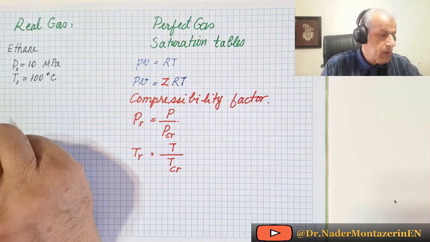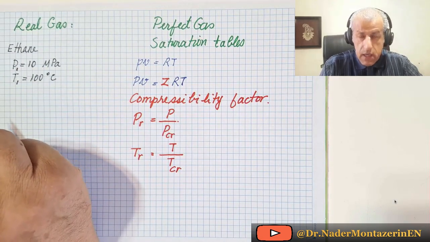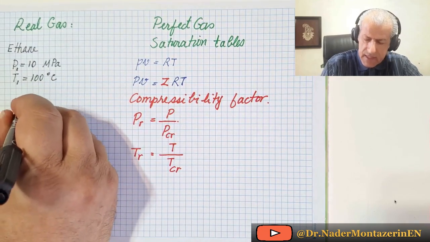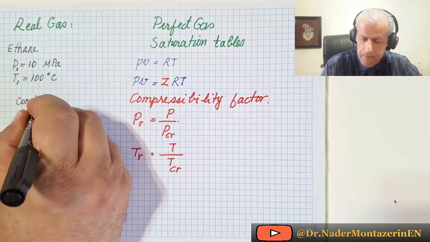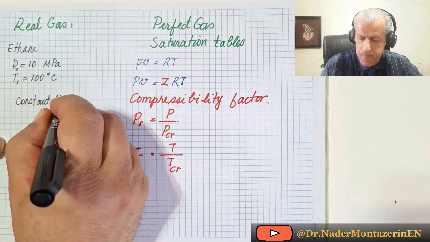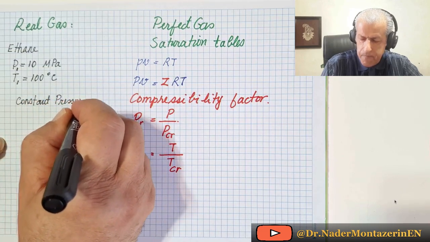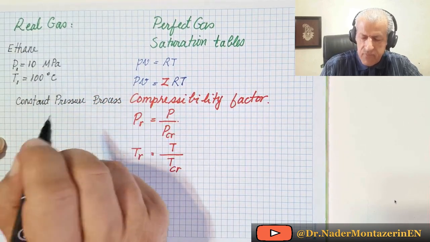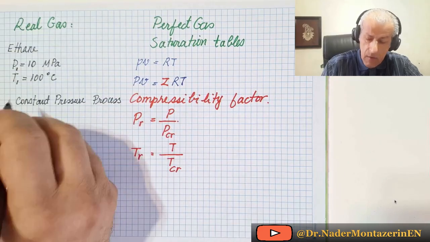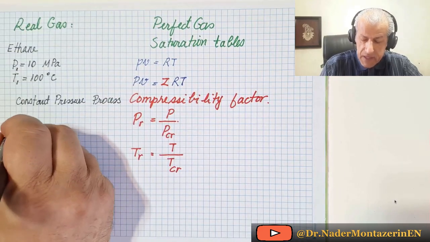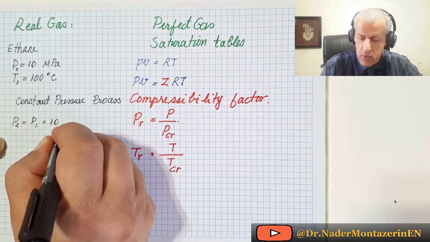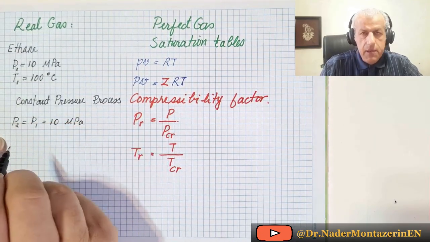Now, it undergoes a constant pressure process. So wherever it is, P2 equals P1, and that equals 10 megapascals.